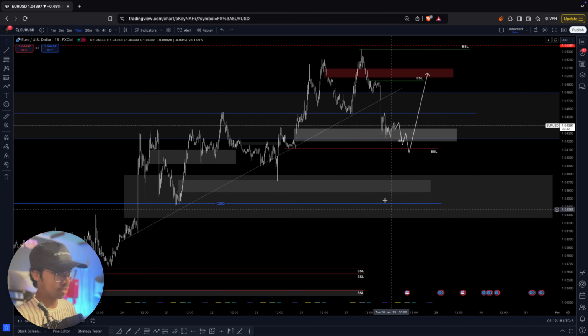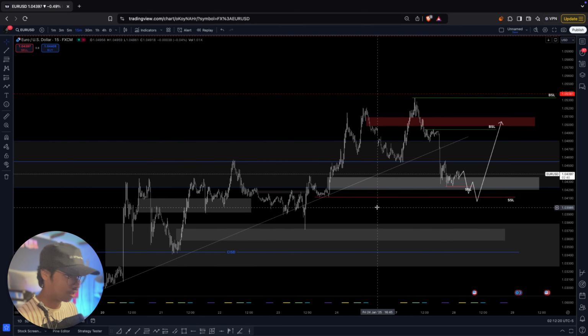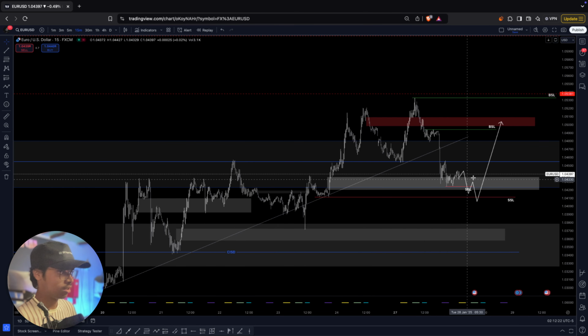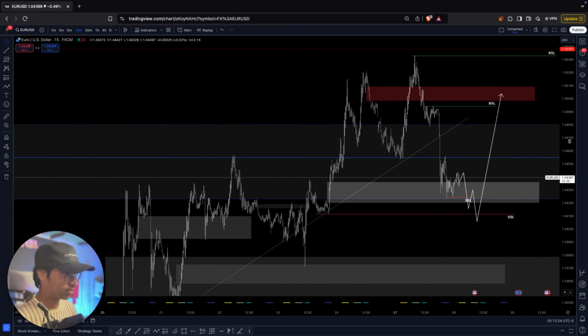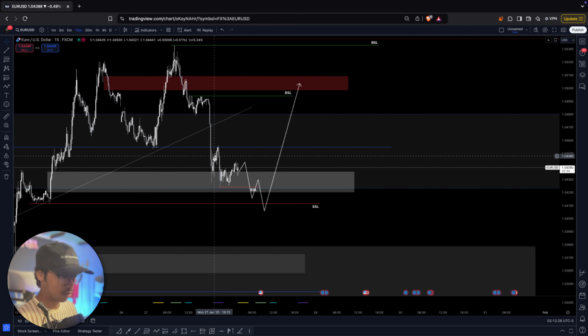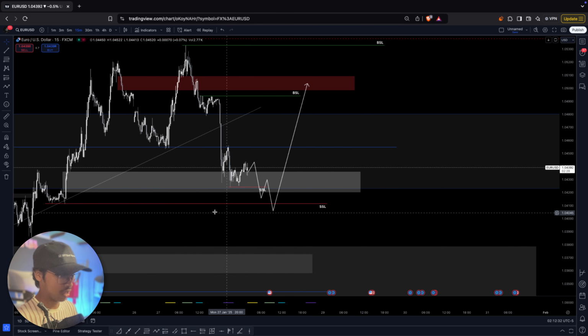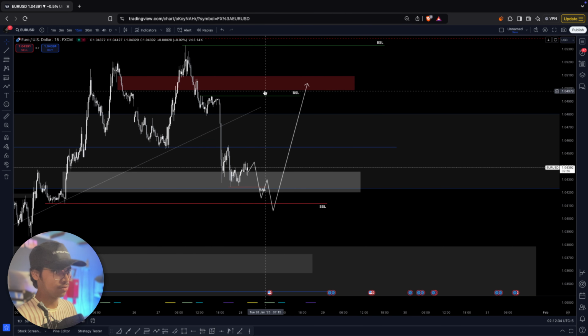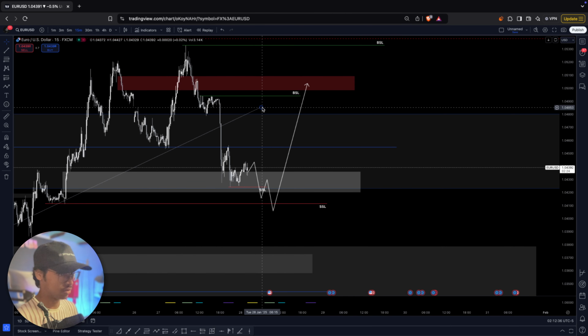That is what retailers think, and I think what is going to happen should be the opposite of what retailers think. So it has broken down, fine. People are thinking that it will just keep breaking down, but it will just take out the sell side liquidities, and then it will just fly off to the buy side liquidities. That's what I want. Got it?